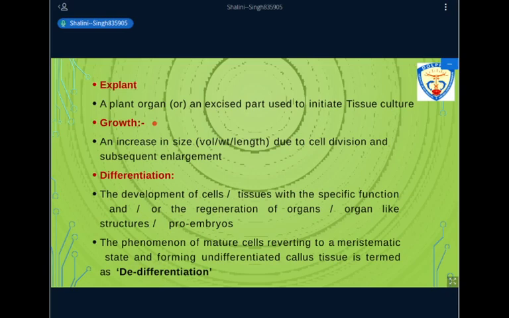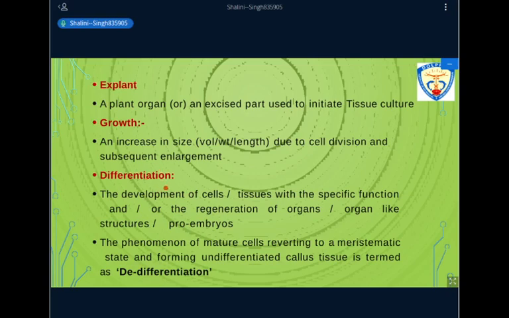So now moving to the third term, that is differentiation. What is differentiation? Differentiation is the development of cells or tissues with a specific function and/or the regeneration of organs or organ-like structures like pro-embryos. So in very simple words, differentiation is when you have taken this explant, that is your plant tissue, and tissue is made up of cells.